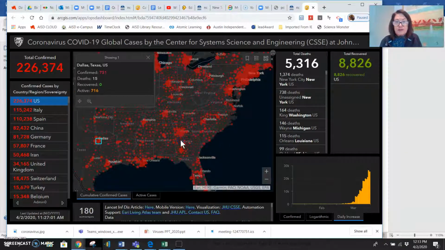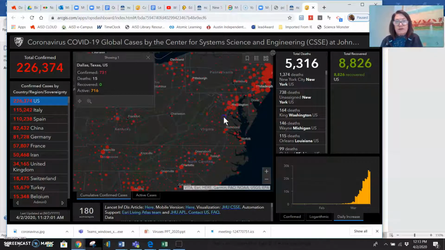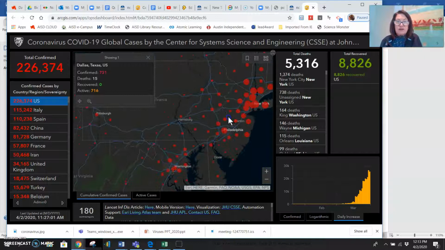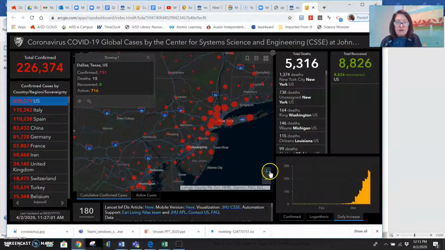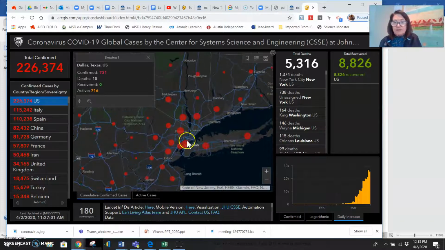We'll go to New York. I'm just going to move this like this. You can see it's really a hot spot. So I'm going to click in, and I think this is New York City. New York City has 47,439 confirmed cases of the virus.